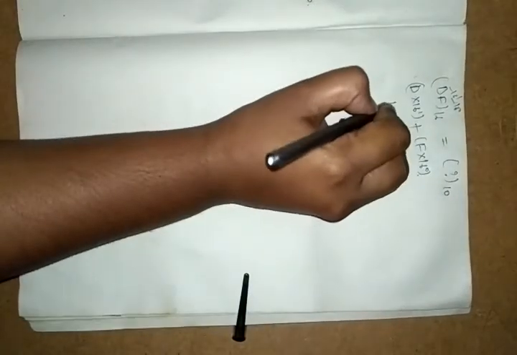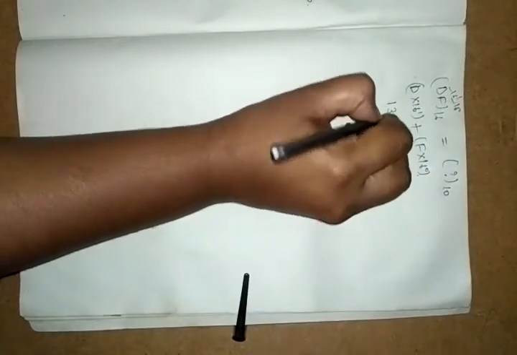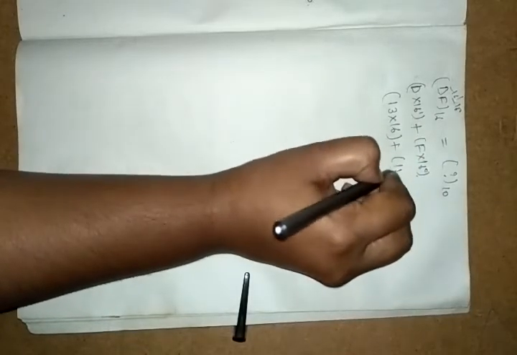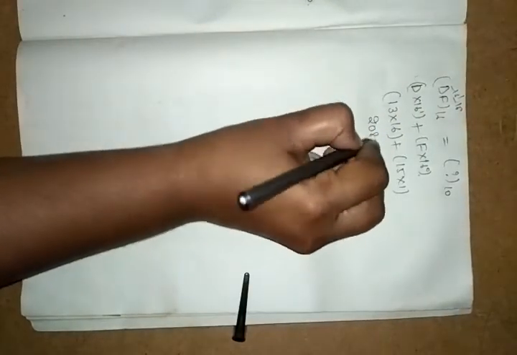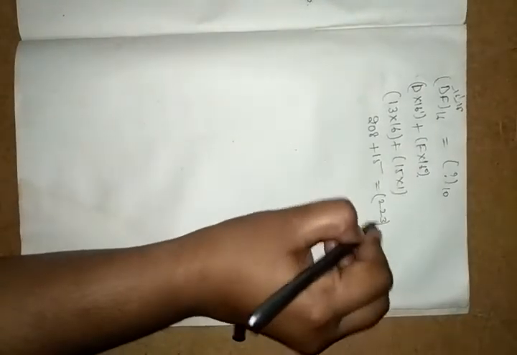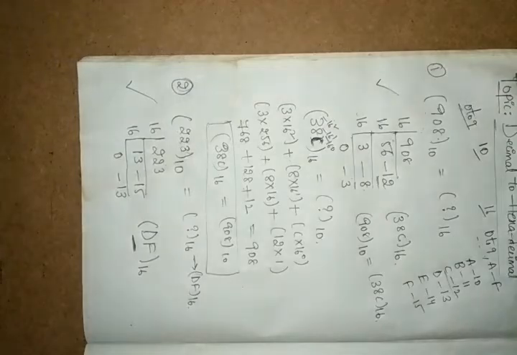D is 13 into 16 plus F is 15 into 1. 13 into 16 gives 208, plus 15, we get 223 only. So this is the base 10 value. Yes, this is also correct, as in the previous example.